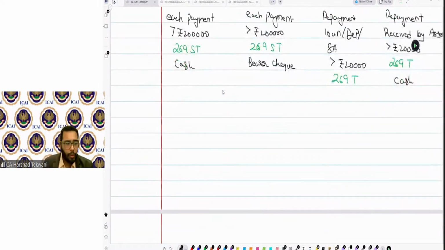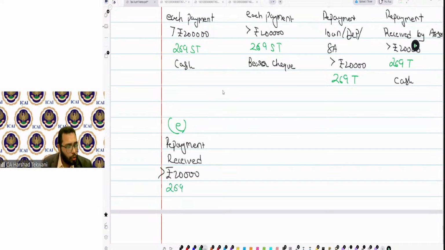And when I talk about clause E, again, repayment received with amount more than 20,000, that is coming from 269T, in bearer check.